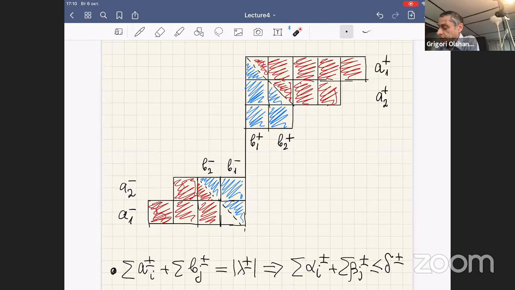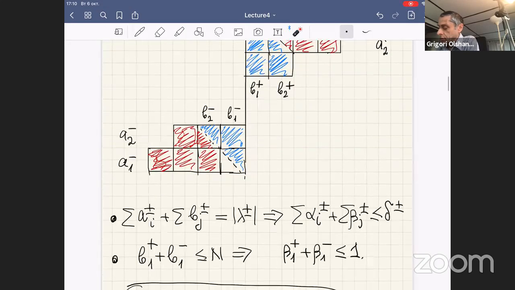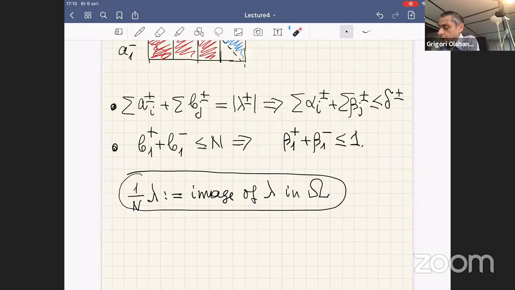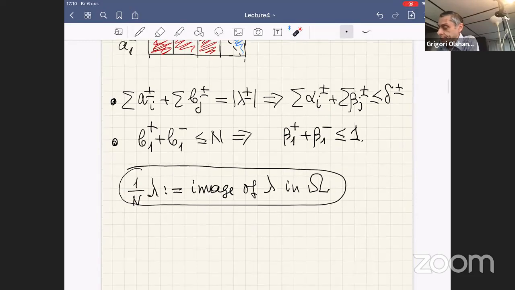And this is reflected by this relation. And I denote the image of our signature in this space omega by this symbol. This symbolizes the scaling of the signature.